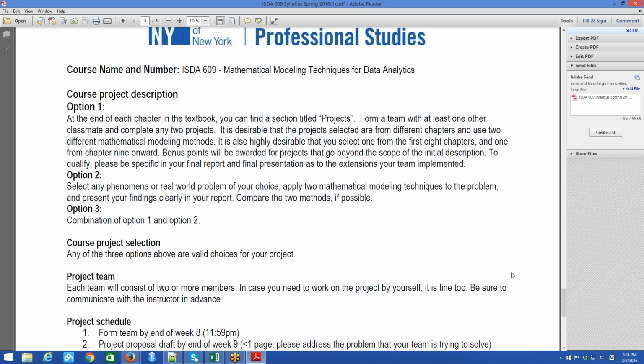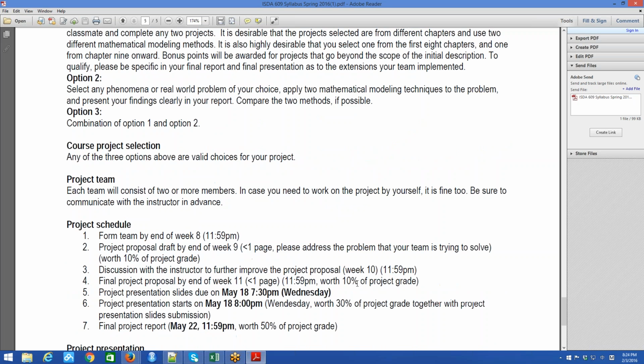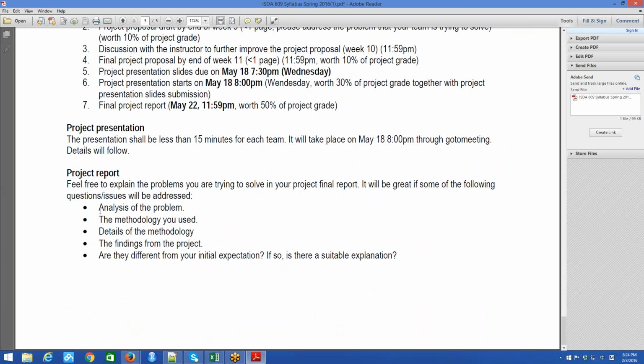In terms of the way that you do it, you could formulate it as a math problem and then try to solve it using R and discuss the results with the students. At the end, the report would consist of these components: 1, analysis of the problem; 2, the methodology that you use; 3, details of the methodology; and 4, the findings from the project.